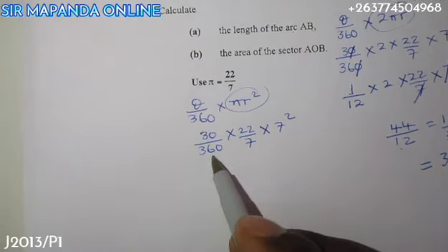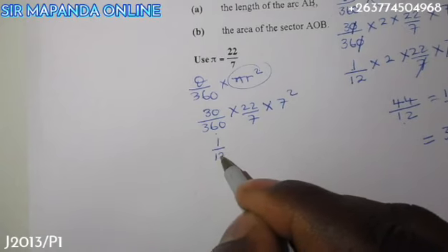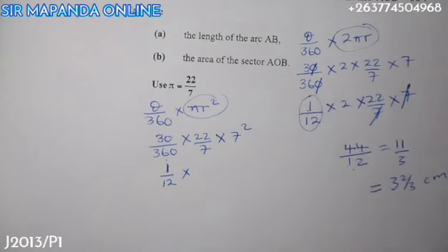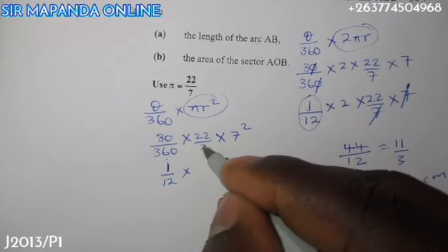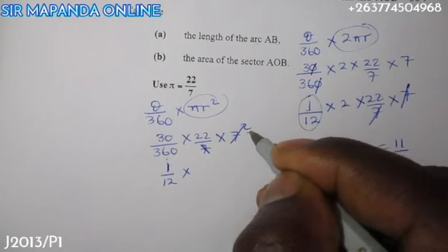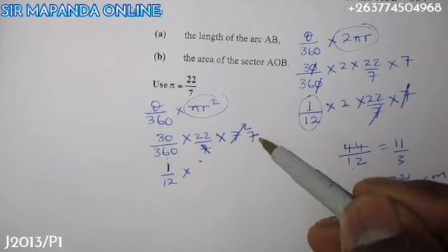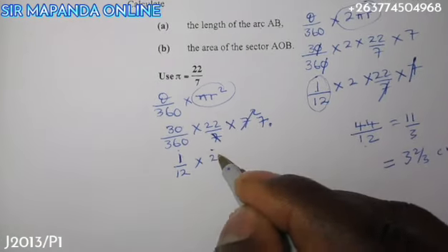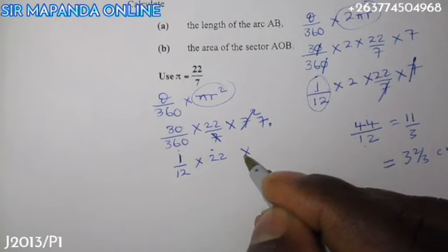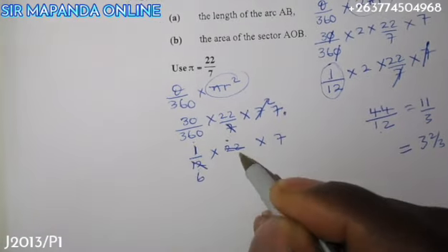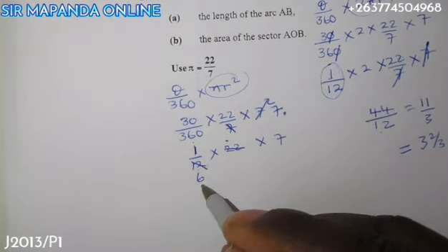So 30 over 360 is as good as 1 over 12 in its lowest terms. We dealt with it already. Then 7 into 7 squared, you'll be left with 7, because in 7 squared we have 2 7s. So you now have 22. Then you are multiplying with 7. This can be reduced. 2 into 12, you get 6.